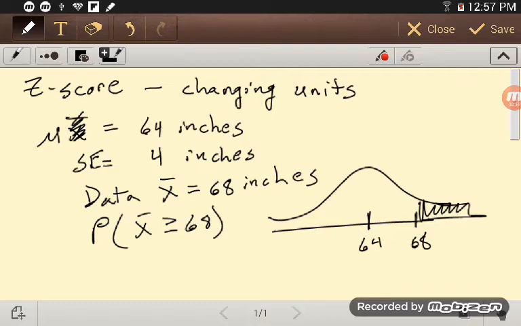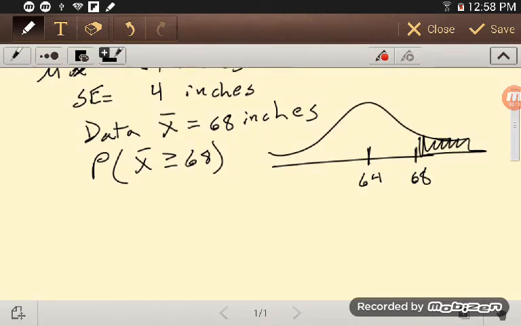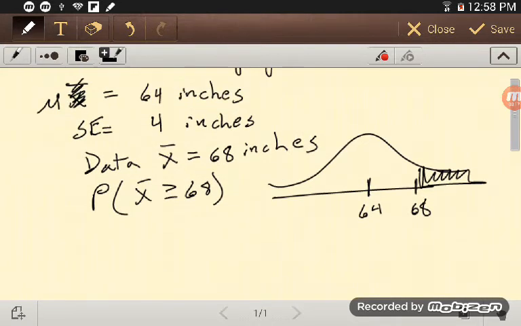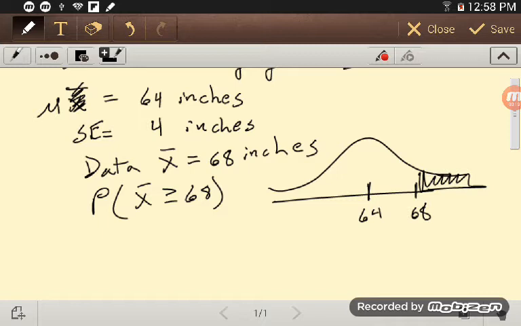So if that's what I'm asking, well, gee, I don't know. Except, yes, I do, because I can turn this into standard deviations instead of inches. If I want to know how many standard deviations away I am, hopefully I've picked nice numbers that you can see that from here to here is 1 standard error.